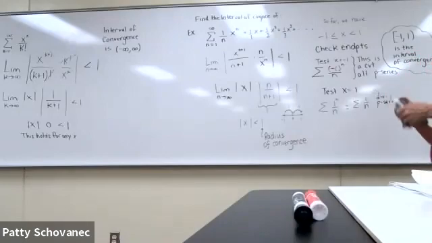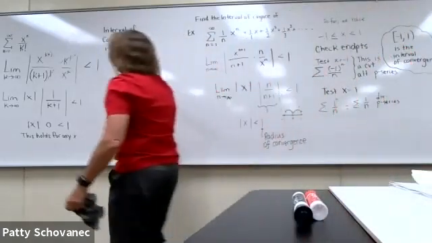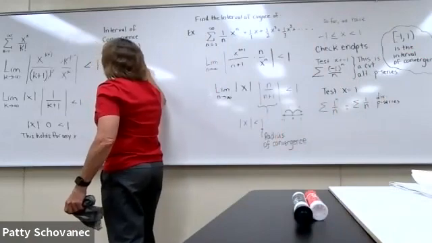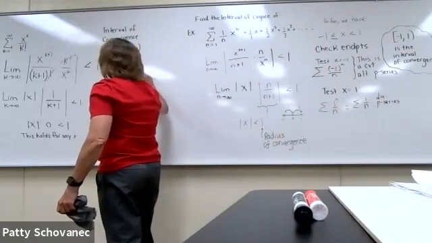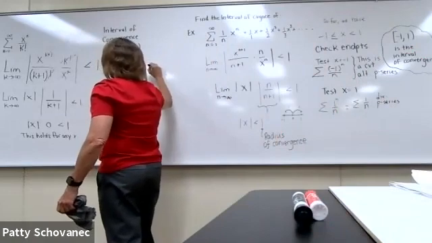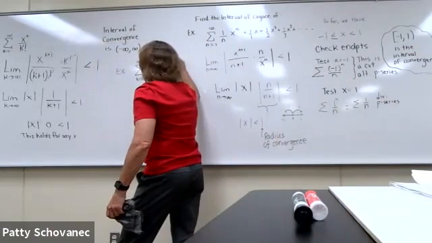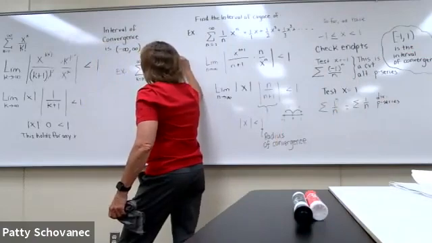All right, so let's now move it a little bit away from 0. Let's find the interval of convergence of the series with k factorial times (x minus 2) to the k power.